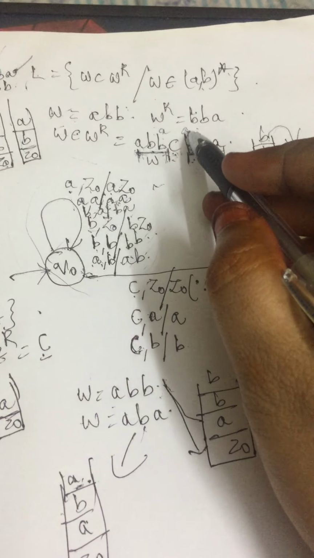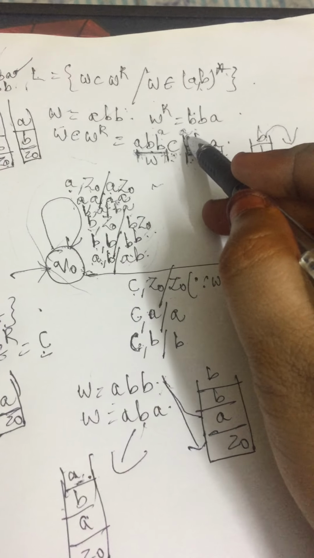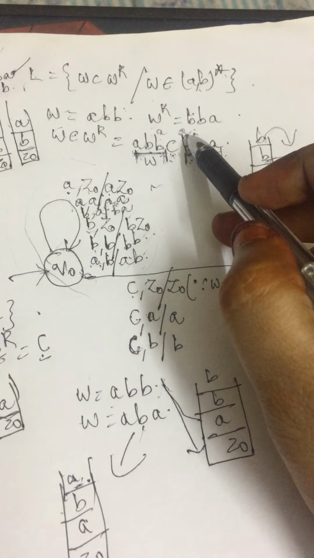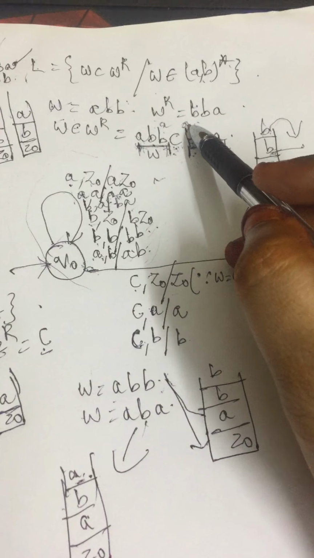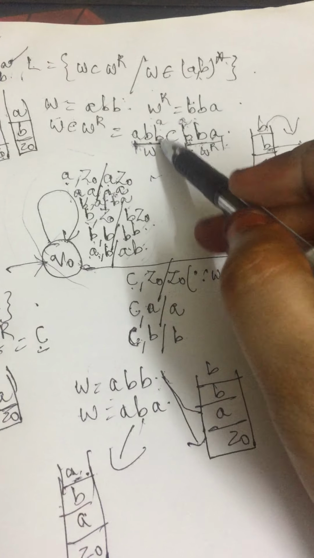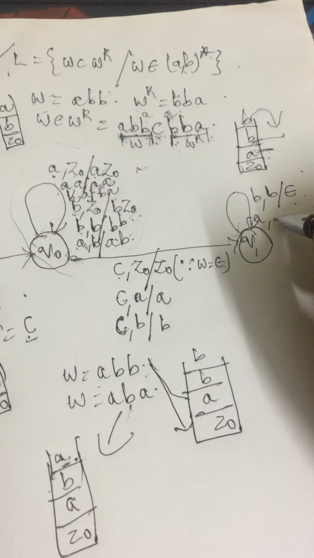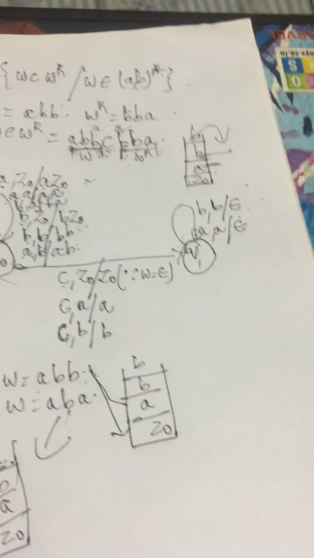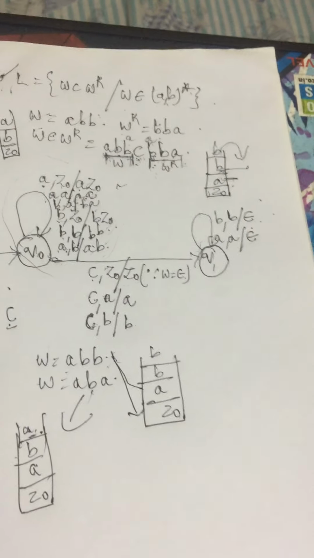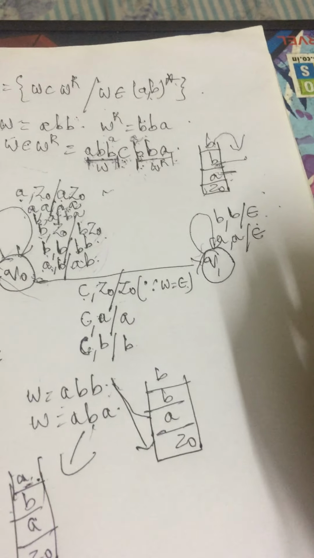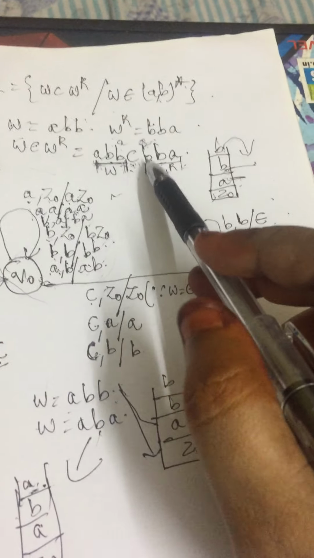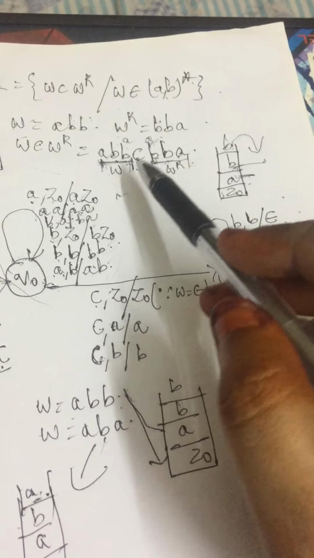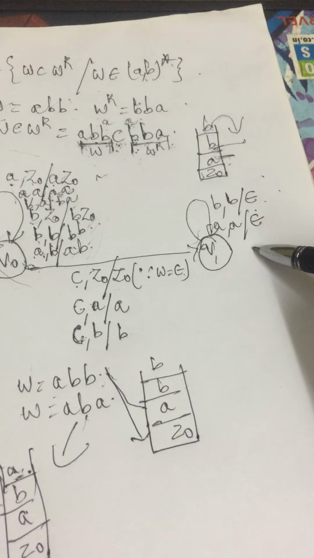Suppose if WR consists of A as the first present input symbol, then the top of the stack will also be A. Then perform the pop operation. In this manner, everything present in the stack will be popped out of the stack.